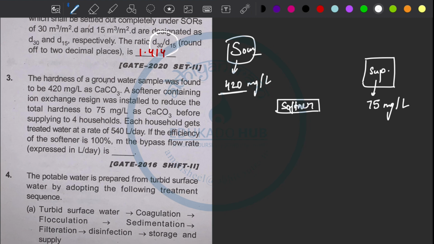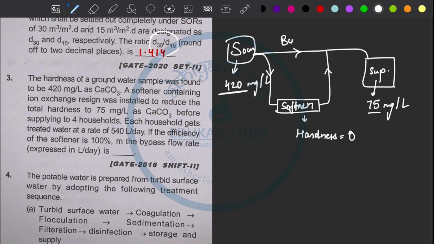They are putting the softener in the water. The work of an ion exchange softener is that it will reduce the hardness from 420 to 0. Hardness will be reduced this much, but we need 75 milligram per liter. So for that we need to bypass some water to the tank directly without treating, and mix the softener water and the bypass.